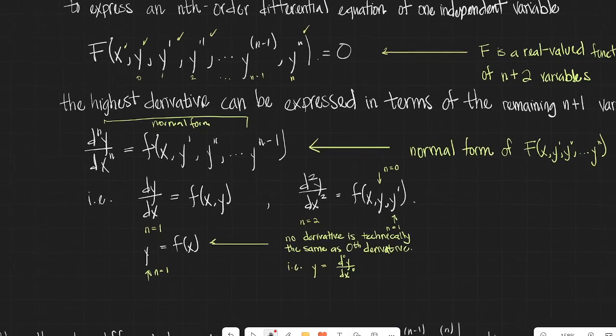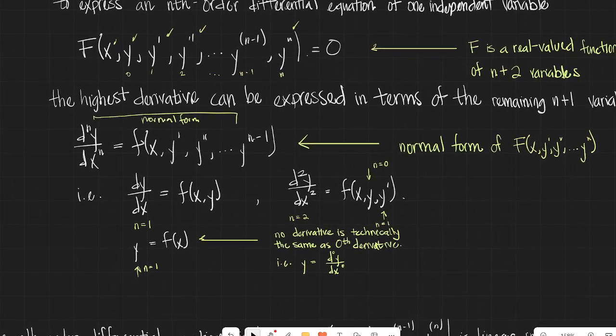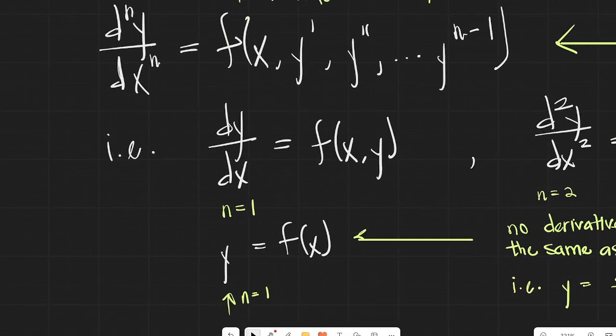Now, just an example to show and build an intuition for n. So the first derivative, that just indicates that n equals 1. And it's going to be equal to this little f of x,y. So some function in terms of x and y.